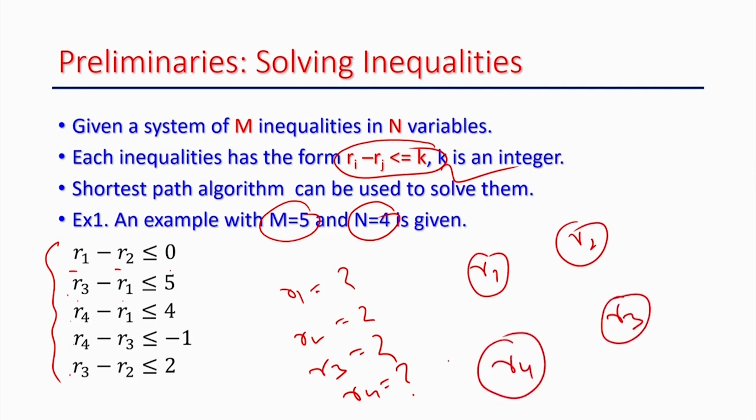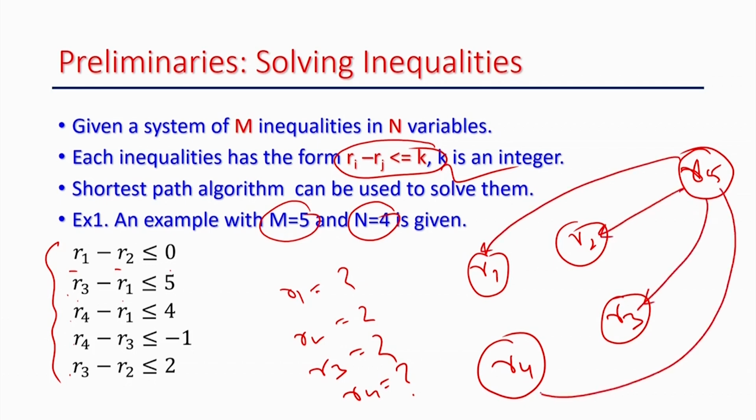I will also consider an additional node, R extra, so there are n plus 1 nodes, 5 for me. Then I add edges: from this extra node I add an edge to all the nodes, all of weight 0.